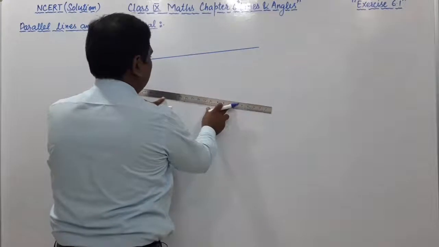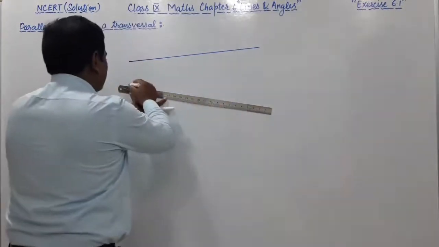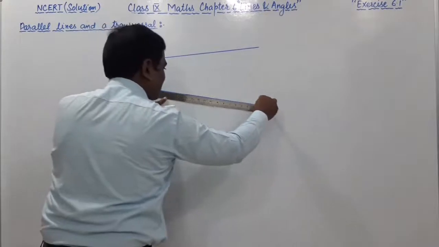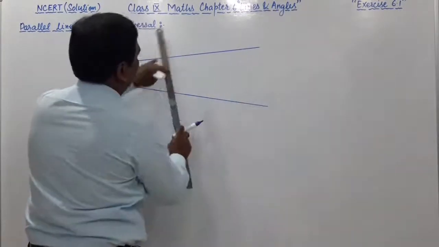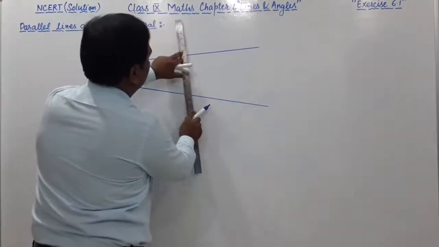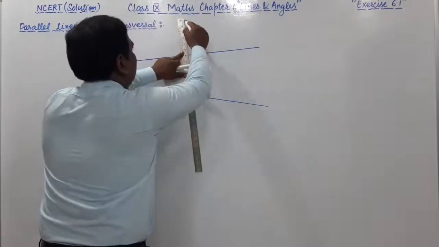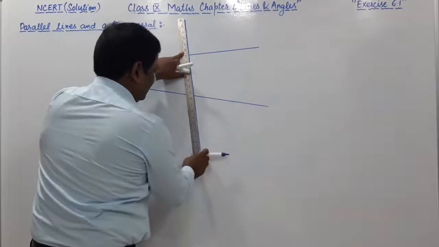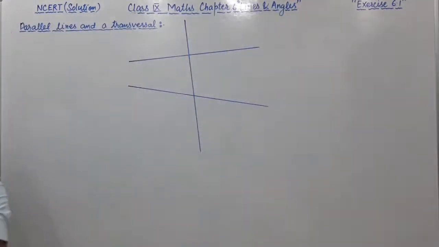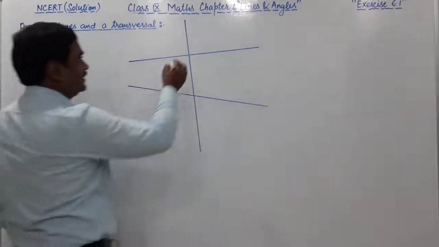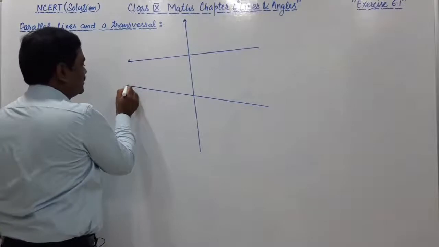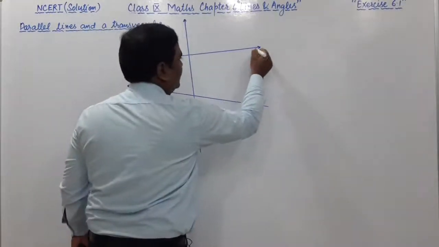So if a line falls on two straight lines, these are two lines, and on these two lines another line is intersecting, right? So a straight line which intersects the two given lines is called a transversal.